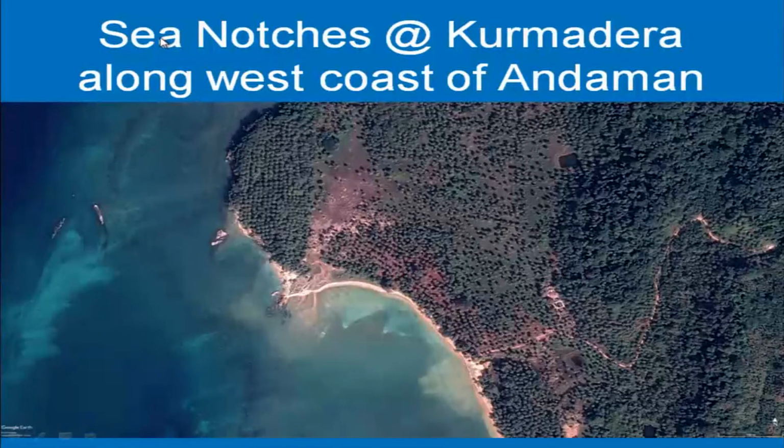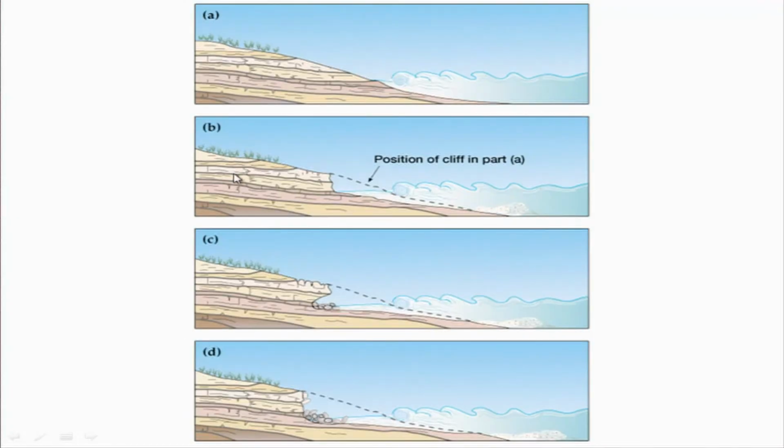So the sea notches in this region, first the western portion, I will discuss quickly. Sea notches are normally formed because of erosion. Weathering as well as erosion in the coastal zones will result in the formation of sea notches.